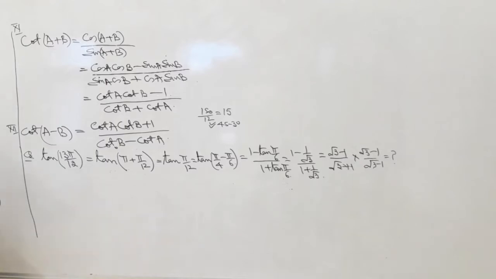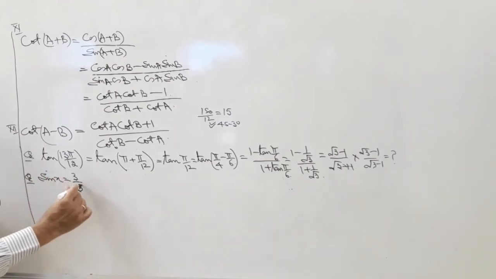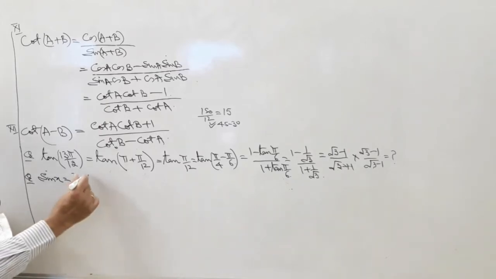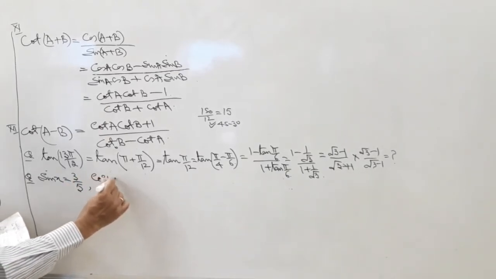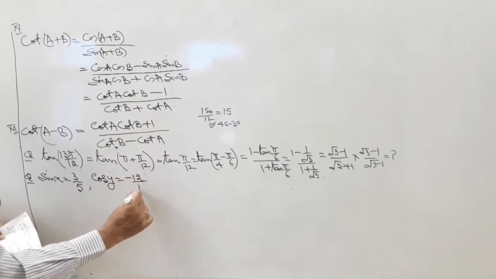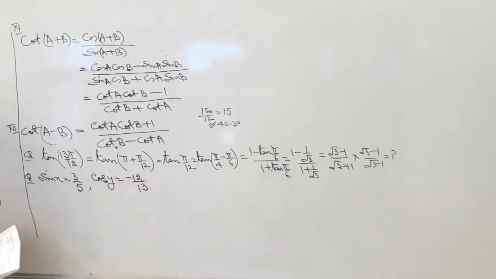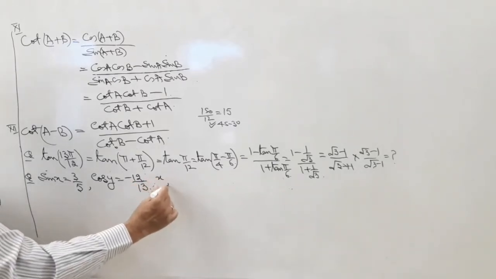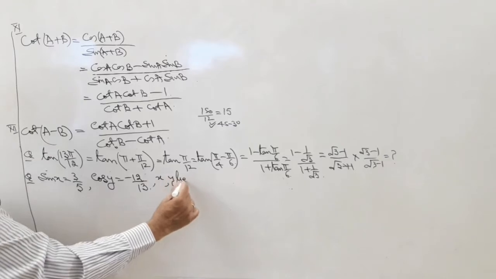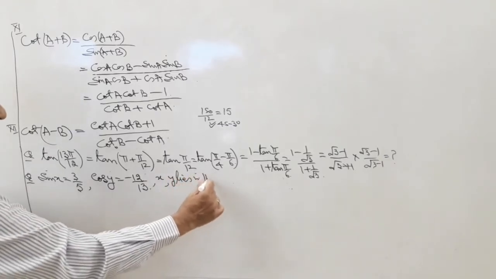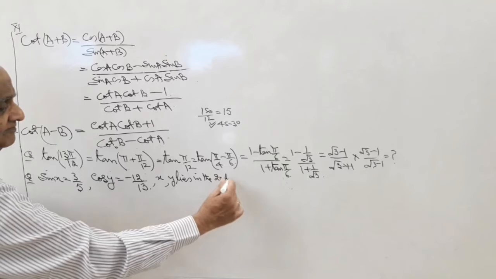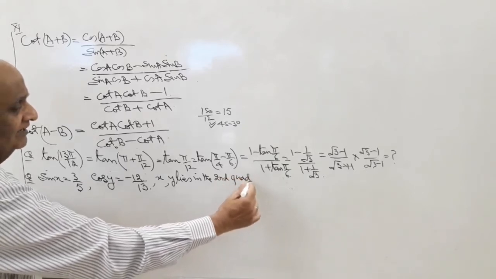Another case. The question is now, given sin x is 3 by 5, cos y is minus 12 by 13, and x and y lie in the second quadrant.